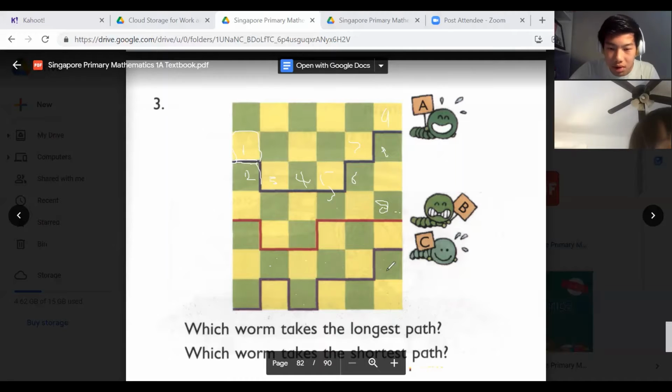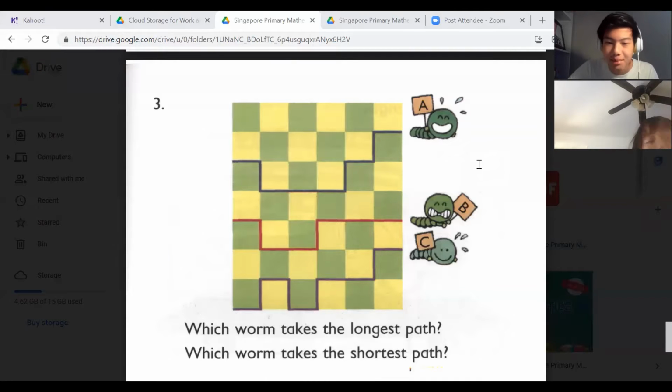Yeah, perfect. The purple one has 10. The blue one has 9, and the red one has 8. So C is the longest path. Now, which one is the shortest?